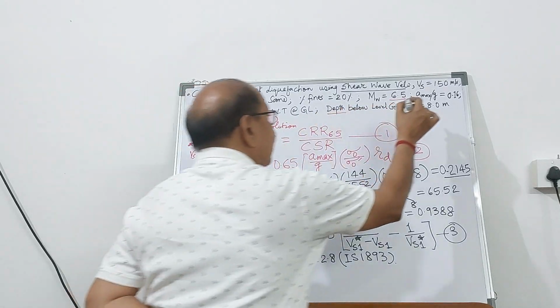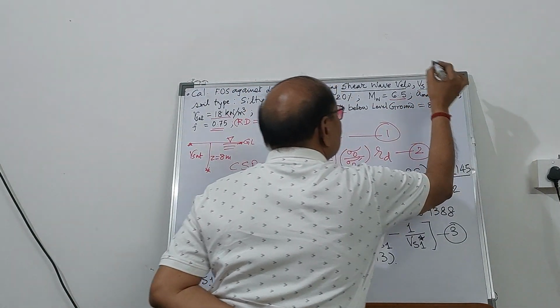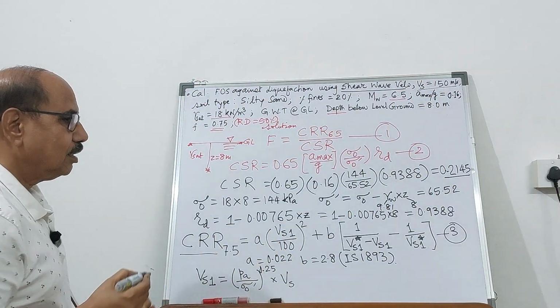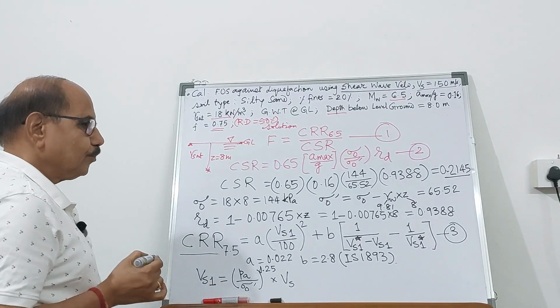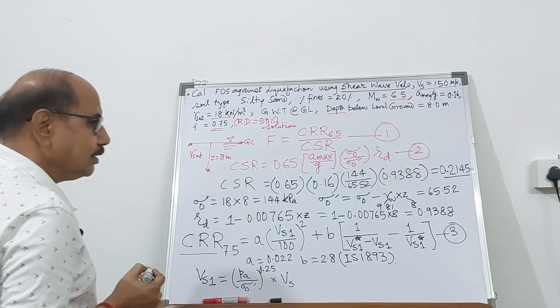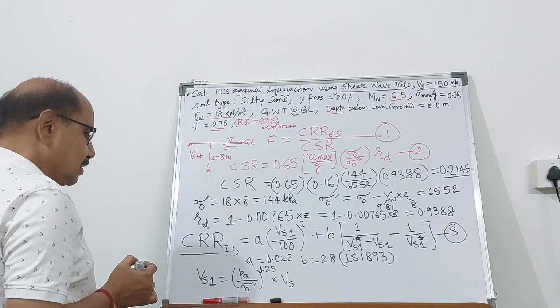Here the shear wave velocity is given to us as 150. So you can easily calculate this.